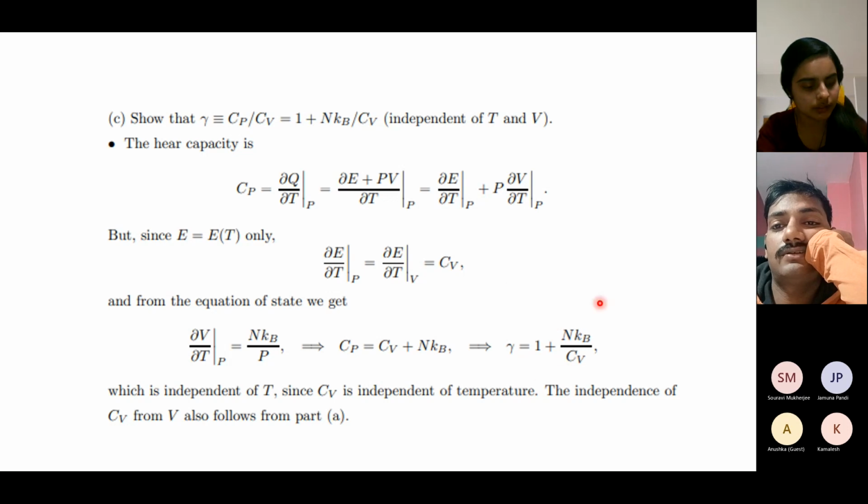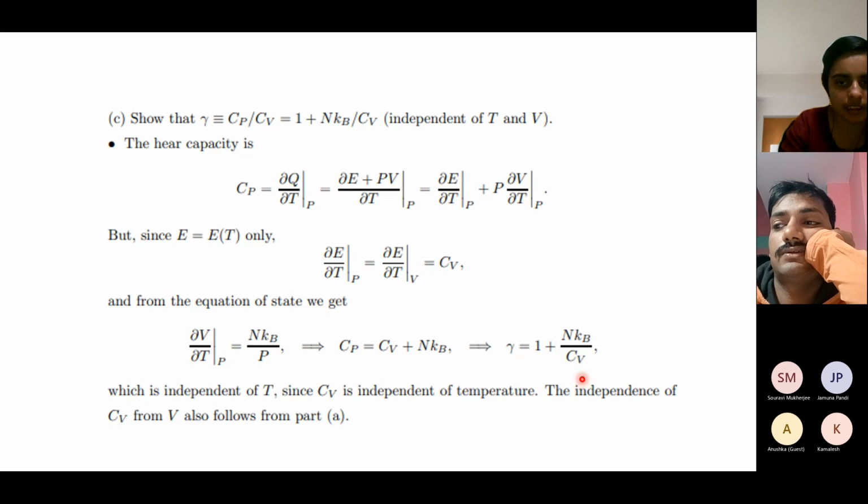Did you get this? Yes, you got this expression, correct? Now you have to show that it is independent of temperature and volume. How do you do that? You know that N and Kb are independent of temperature and volume. But what about Cv? How do you show that Cv is independent of volume? What should be our way of proceeding in order to prove that?